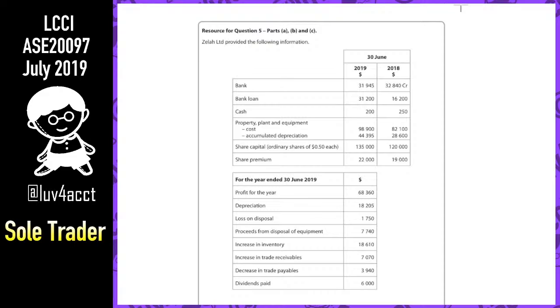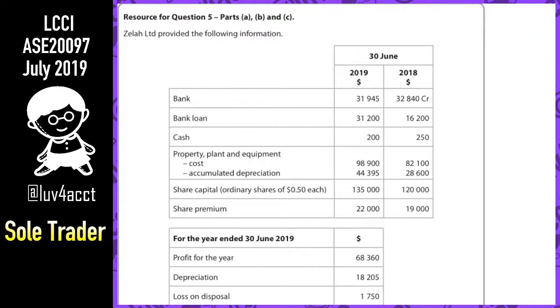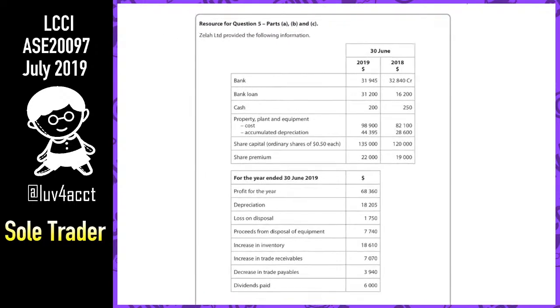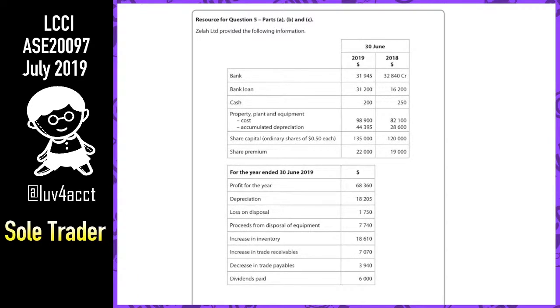So let's see. We have to be careful. We really have to be careful. I hate LCCI doing this all the time. You can see this is year end, and the right hand side gives you the figures for year start.